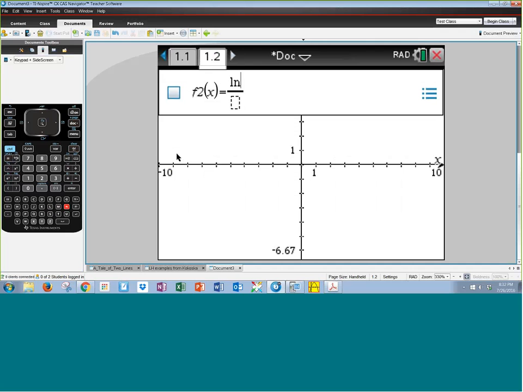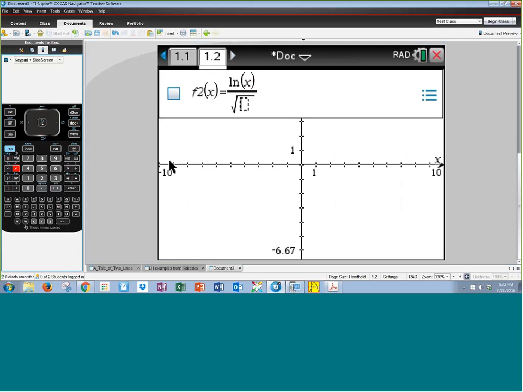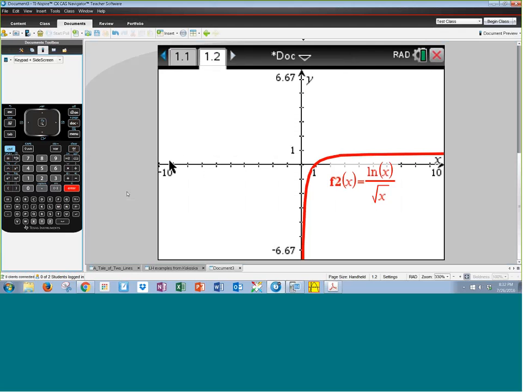And so we want the log of x, and we want to divide by the square root of x. All right, let's see what that looks like. So we have this. And again, we may want to adjust our windows. So instead of adjusting it the way I did a few minutes ago, let's look at a different way.